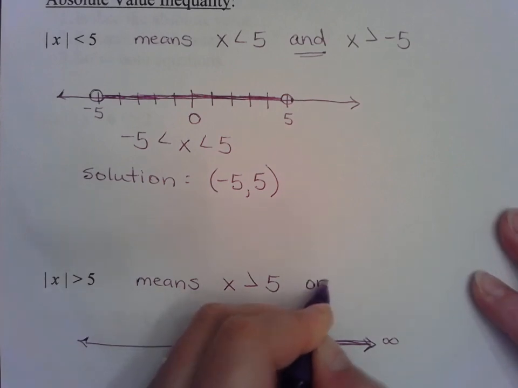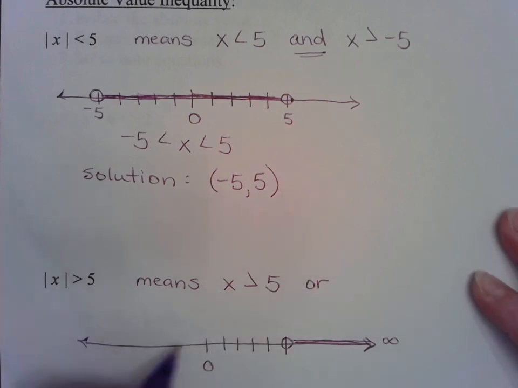Or I could have a number less than -5. So -6, -7, -8, all of those would be more than 5 units away as well.